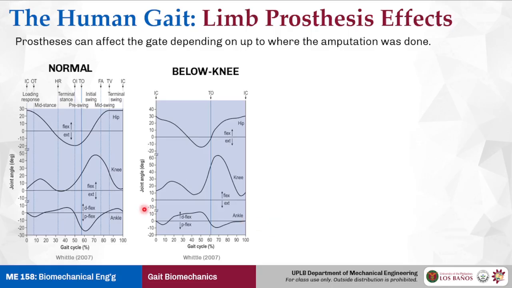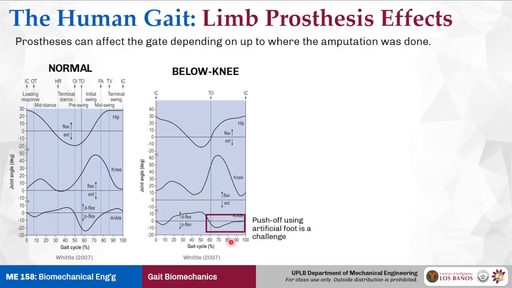If you look at this joint angle graph here, you have some of the normal behavior of your hip and your knee preserved. But if you look at your foot angle here, you have a shallower plantar flexion happening. So there is a struggle for those with artificial legs to push off their amputated leg.